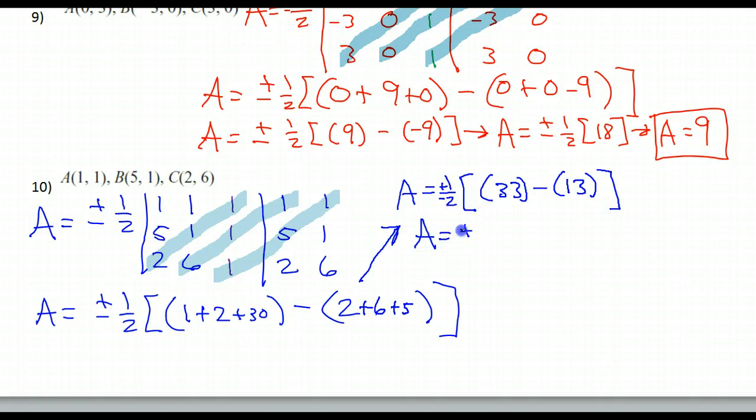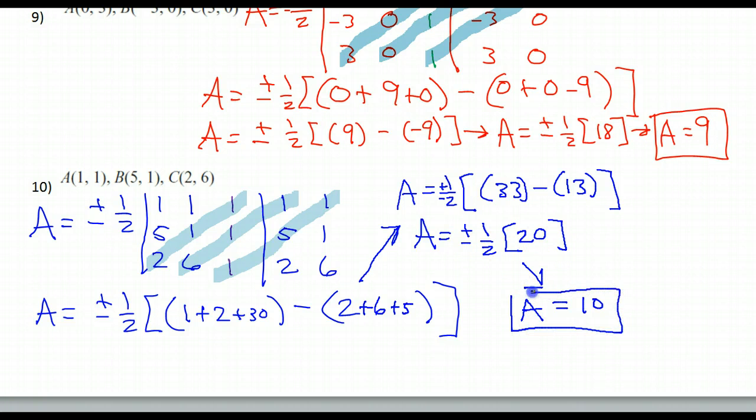So the area is going to equal plus or minus 1/2, alright, of 20. 33 minus 13. Okay, which means that the area is going to equal 10. Half of 20 is 10. And that is it. That is how you use a matrix to find the area of a triangle.